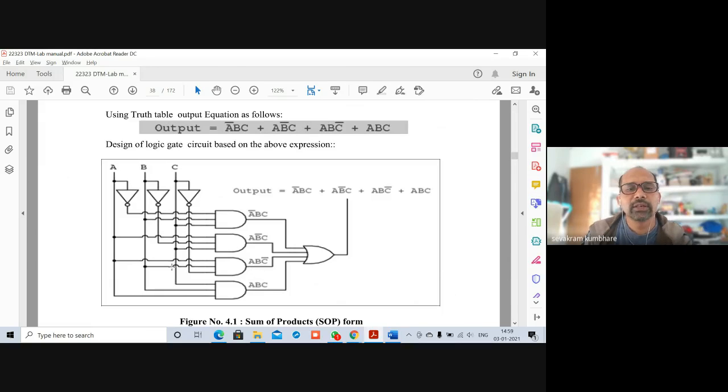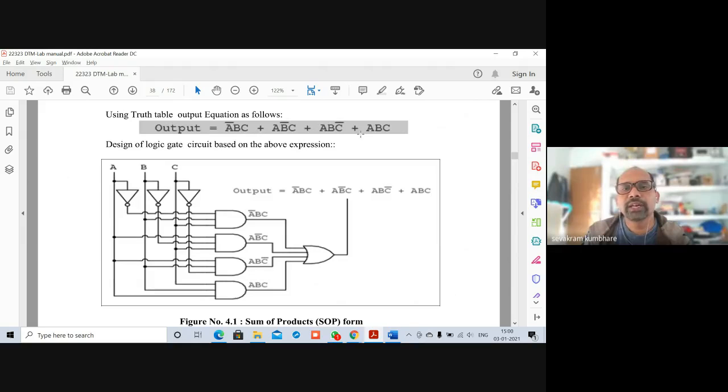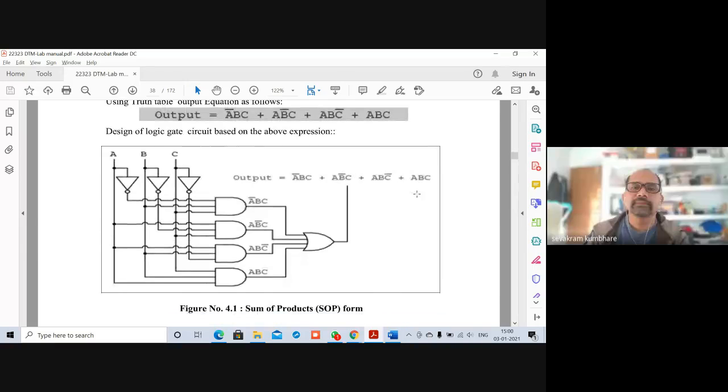In the third AND gate we are applying a, b and c bar, so that we will get a b c bar. And in the fourth AND gate we are applying a, b and c, so that we will get a b c. After that we have to take a sum of that, so we are applying an OR gate, which will add all this, and that will give us the output expression. All of you got this? Yes, sir. Any doubt in this?